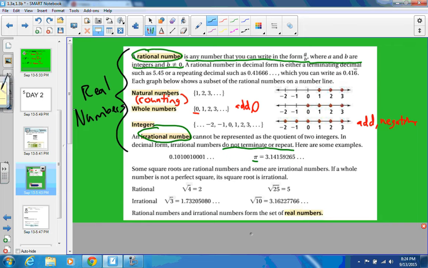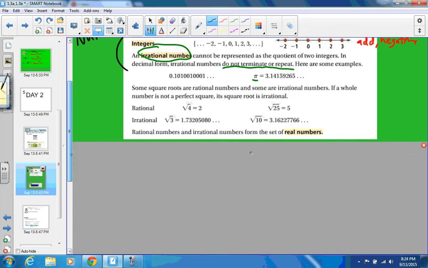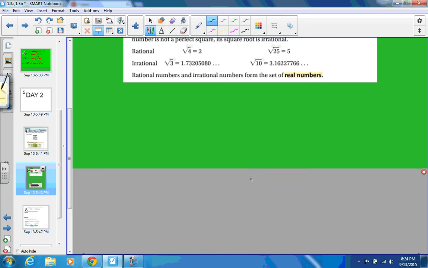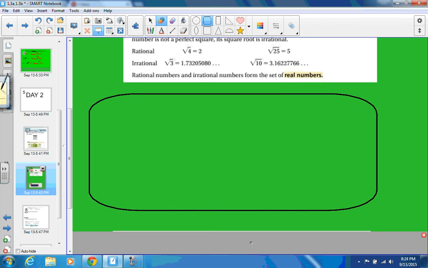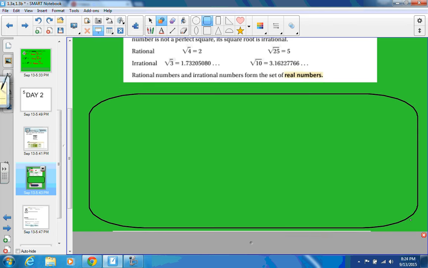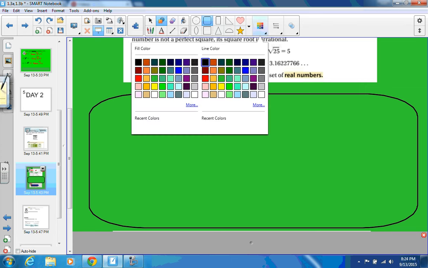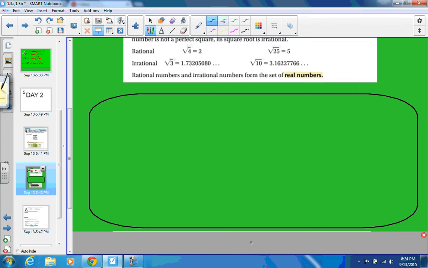I'd like to take all these definitions, all these terms, and put them in a little bit different way. So I'm going to make a chart here, and you might benefit from this as well if you make this chart yourself. Let's say these are all the real numbers. Real numbers are all inside of here.